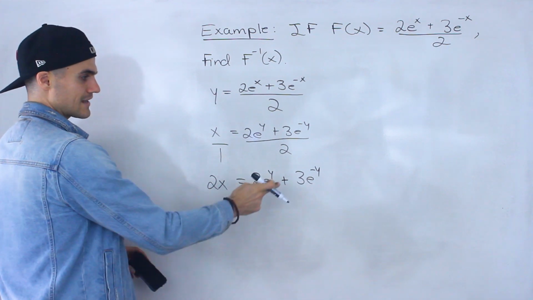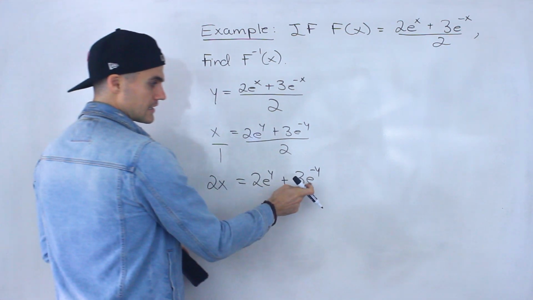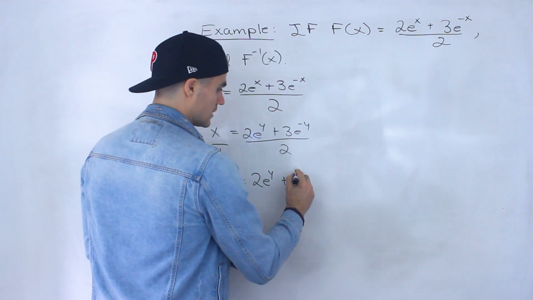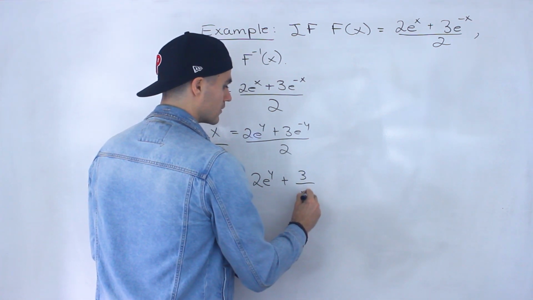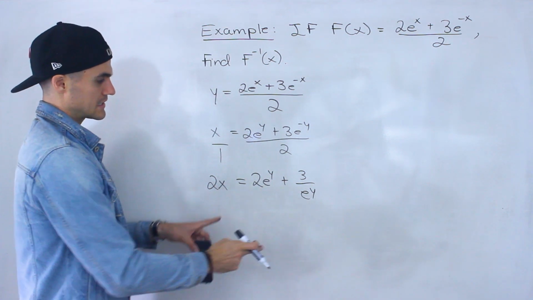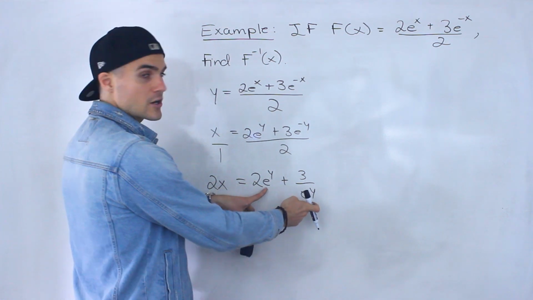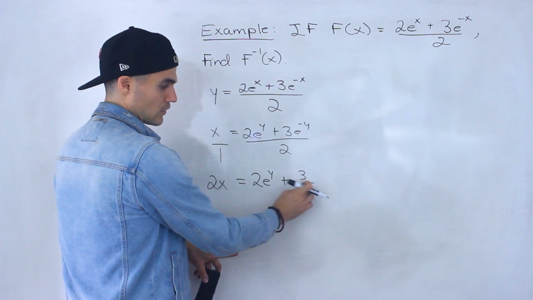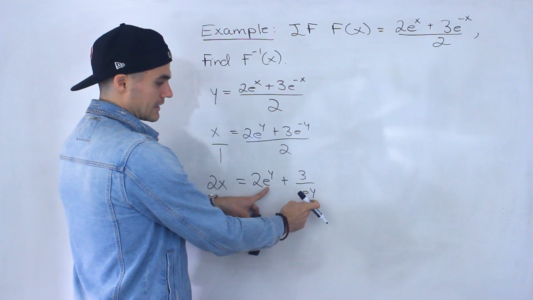And actually, instead of writing e to the negative y, I'm going to write it as 3 over e to the y. The reason why is because now we've got two expressions that are the same thing. We've got e to the y here and e to the y here. Even though it's in a denominator, it's still the same.